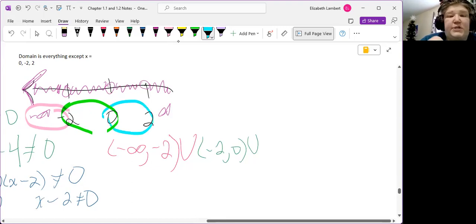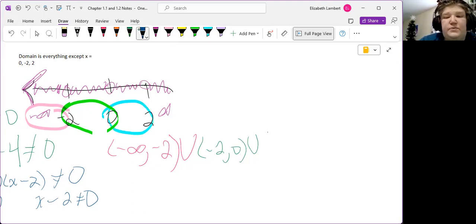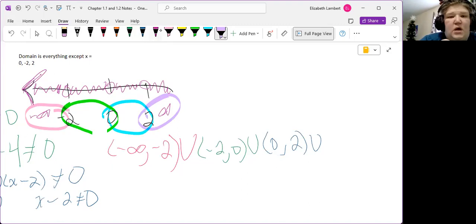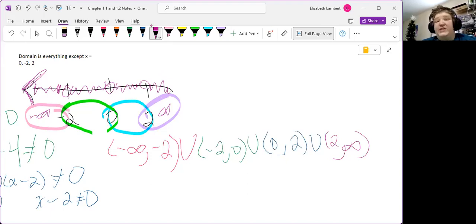Next one is 0 to 2. And finally, the last one is 2 up to infinity. So that is what it will look like when you're saying everything except 3 values. You end up with 4 intervals, because you're saying everything before, between the first 2, between the other 2, and after the last one. All right, now the range.